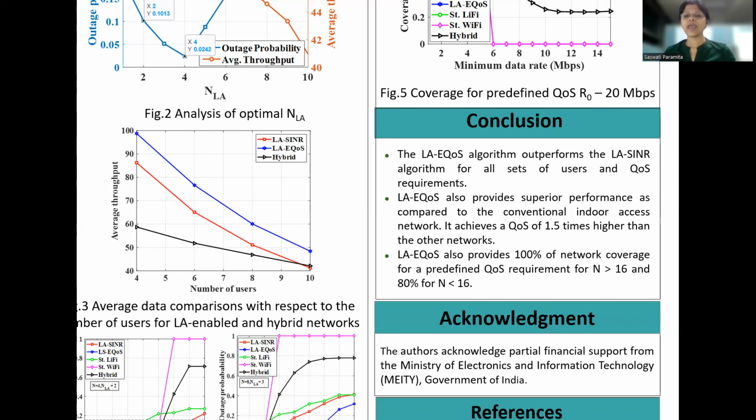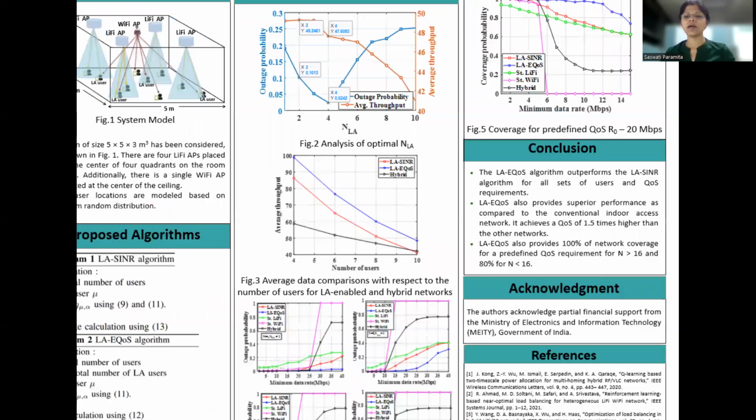In other ways also, we found the LA-EQoS enabled heterogeneous LiFi-WiFi network provides 100% coverage for n greater than 16 and 80% for n less than 16.